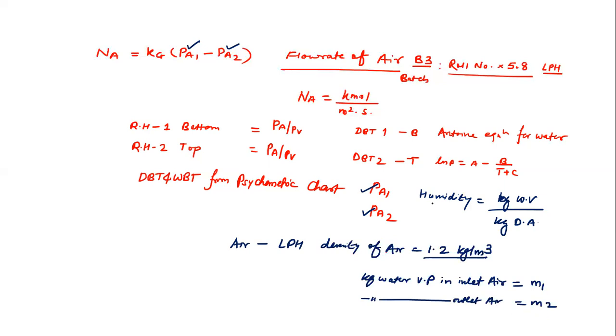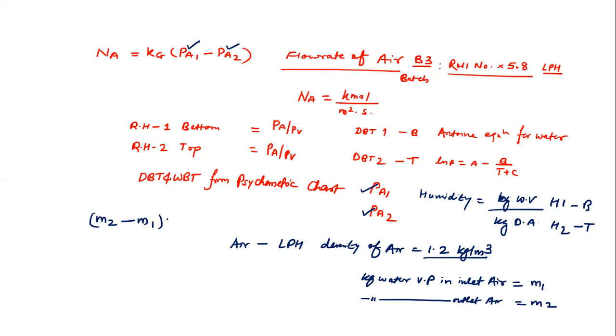Because you'll get humidity 1, humidity 2, bottom, top. So this will give you M2, water vapor going out. This is coming in. Yes.